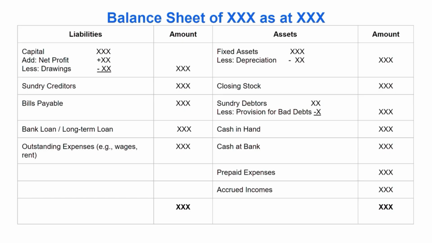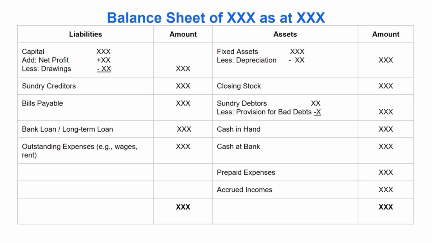Less drawings made by the owner. And then sundry creditors, bills payable, bank loan, long-term loan. And then outstanding expenses such as outstanding wages, outstanding rent, outstanding salaries, any outstanding expenses we have to pay, we'll record it here.